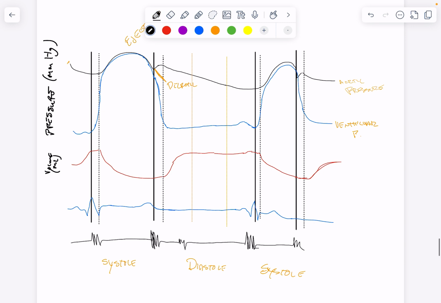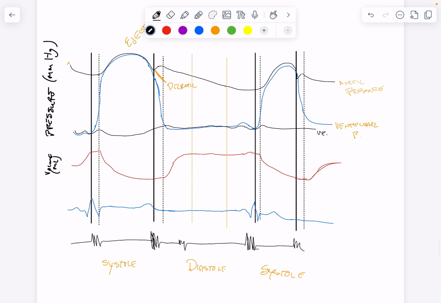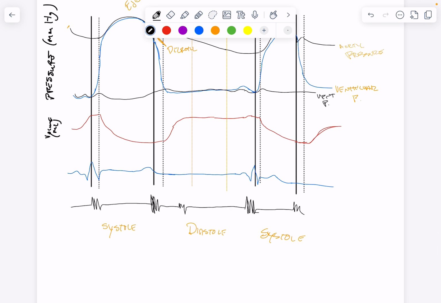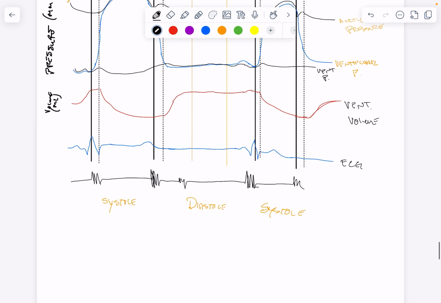It's gonna go something like this. Like that, that's ventricular pressure. This is ventricular volume. And this is the EKG, or ECG, and these are heart sounds.